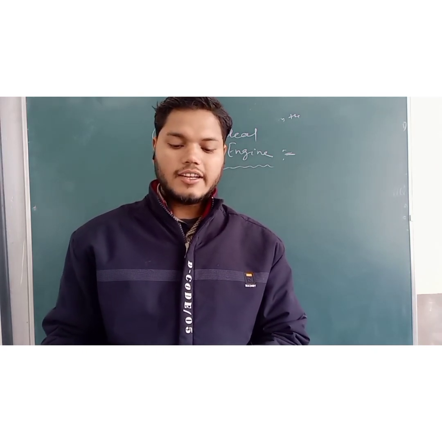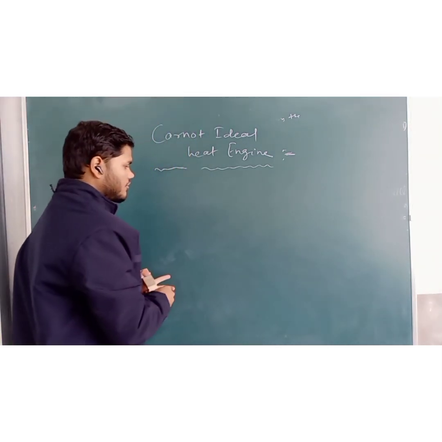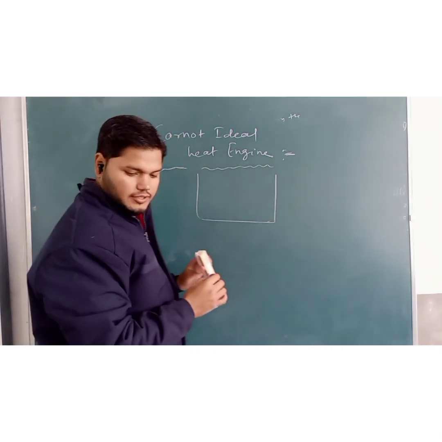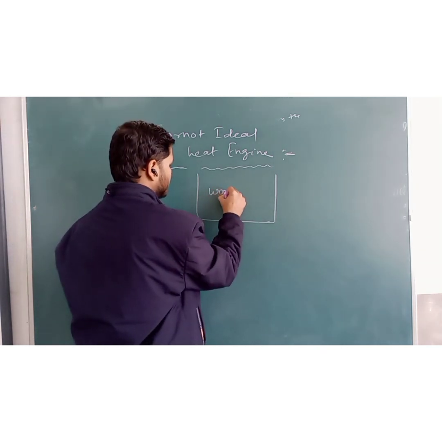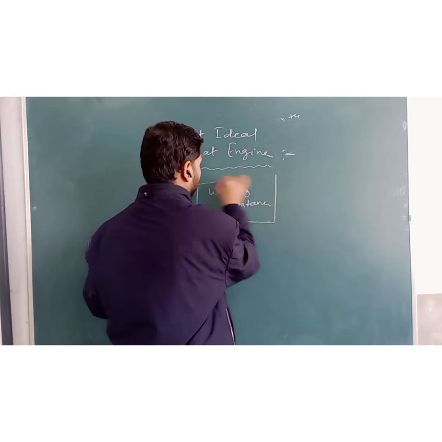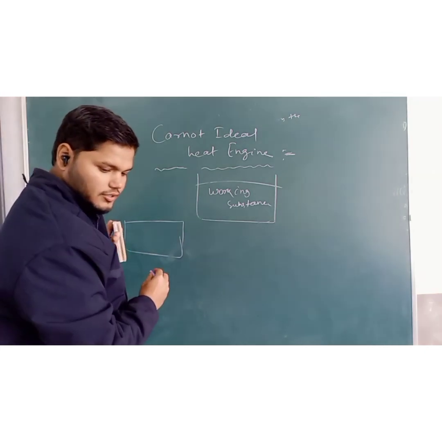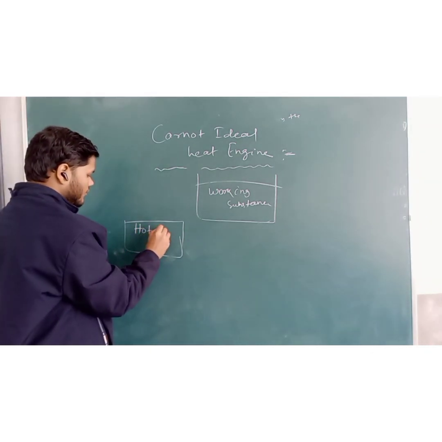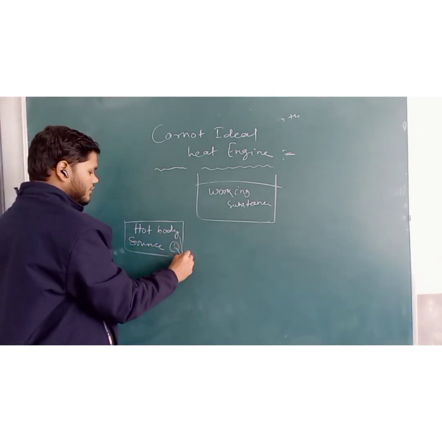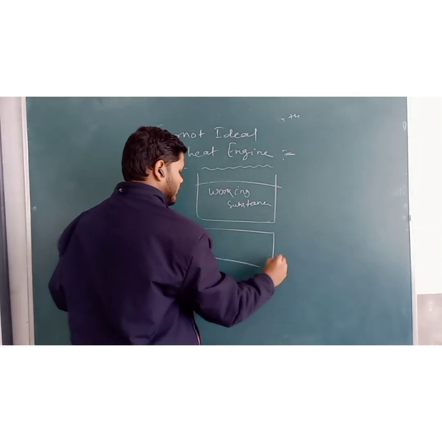Now I'm just making the figure of the Carnot ideal heat engine. This is the working substance, and there are different states. This is the hot body, or it is called the source, having the temperature Q1. Then there is the insulating stand.